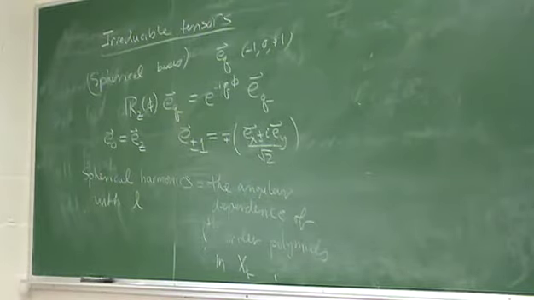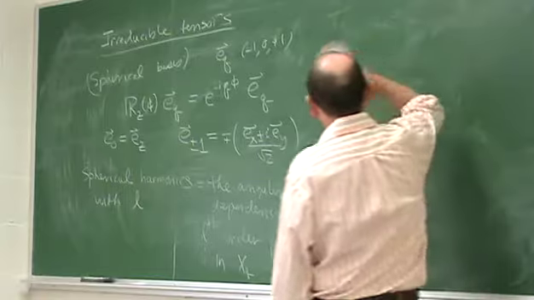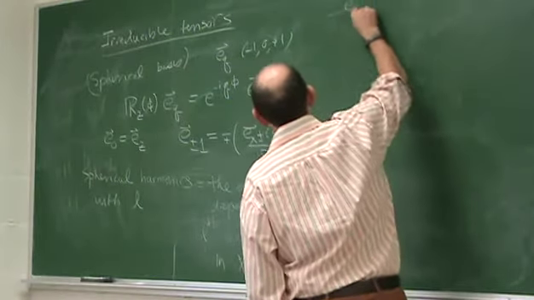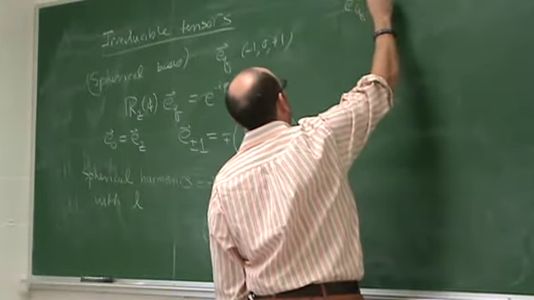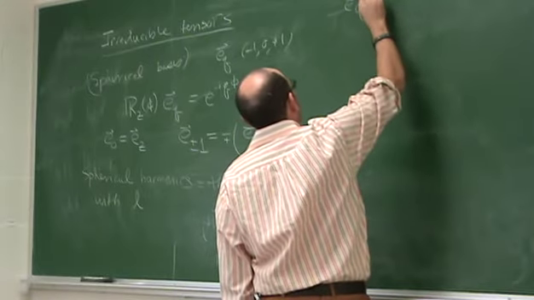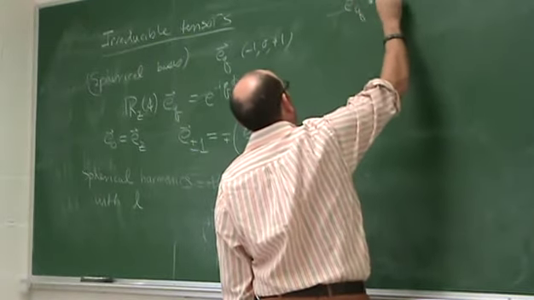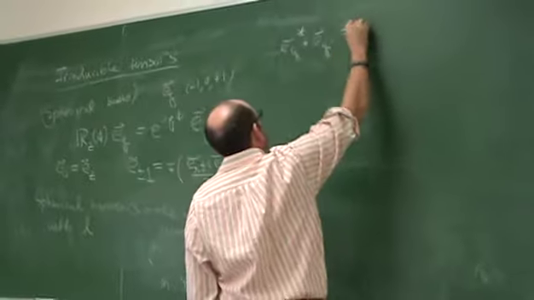Now again, we said last time that these things are orthogonal with respect to an inner product on a complex vector space.